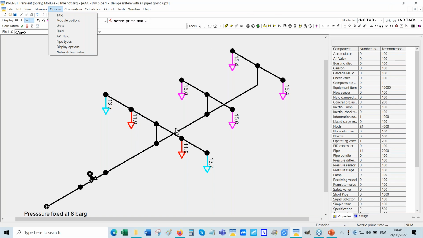This part of the system will get filled up more quickly than that part. So, you look at it and sometimes they say, hey, this is not right. The last nozzle to discharge is not the most remote nozzle. So something is wrong. No, it's not necessarily the case. The last nozzle to discharge is not necessarily the same as the most remote nozzle. Keep that in mind.